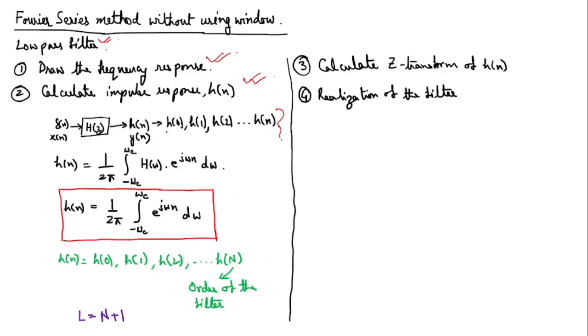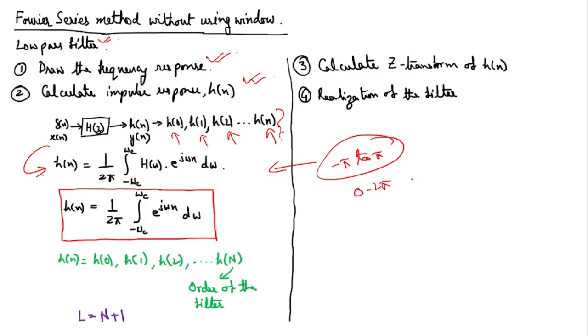We have to find out H0, H1, H2, and Hn, and then from there we have this equation h of n equals 1 by 2 pi integral from minus omega c to omega c. Herein we are working in the range of minus pi to pi, but in later cases we will see that we are working in the 0 to 2 pi region also.